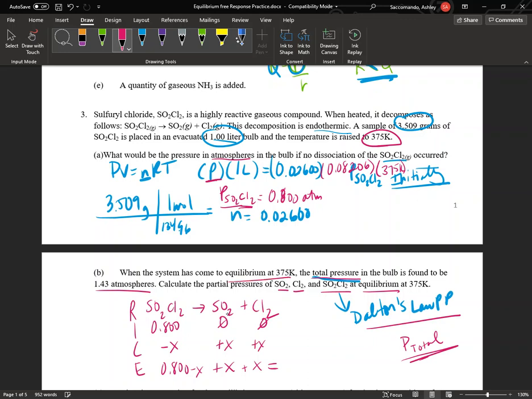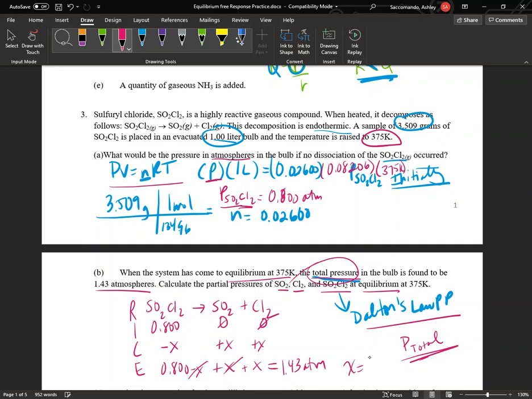So when it came to equilibrium, it's going to equal 1.4 atmospheres like this. This is what I call a total pressure problem, where they make you use Dalton's law of partial pressure, and probably in a previous step, they're going to make you use PV equals nRT. So these cancel basically. 1.43 minus 0.8.